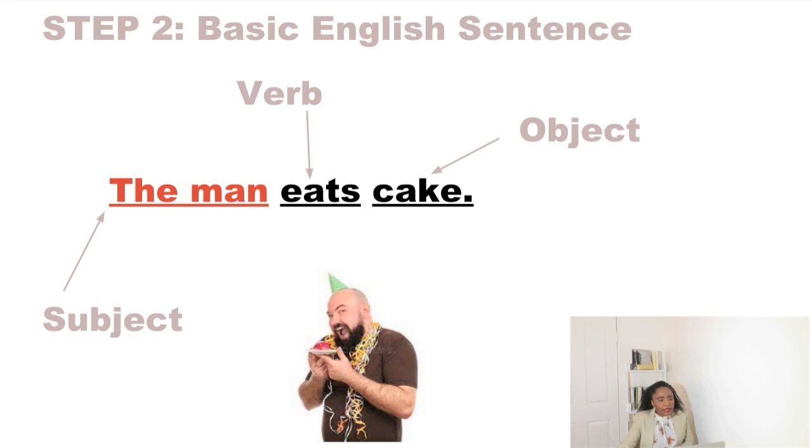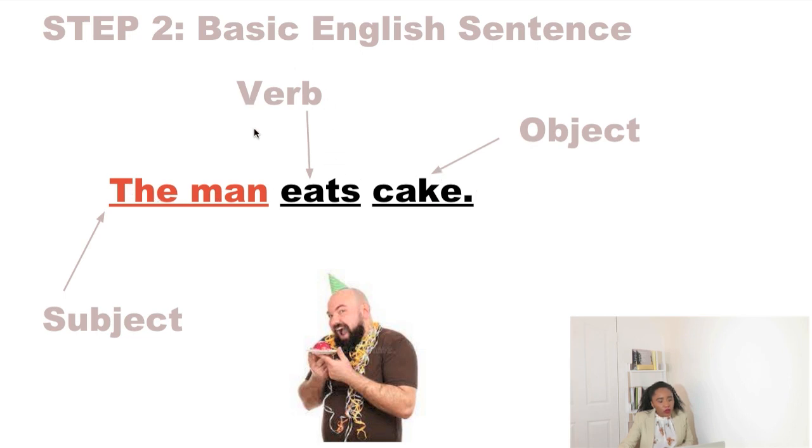So in the previous lessons, we have looked at the basic English sentence structure where you have a verb. So here we have our sentence, the man eats cake.